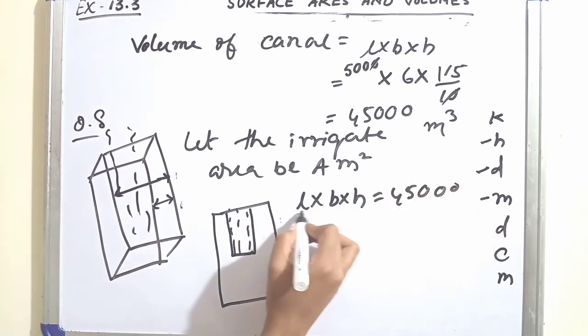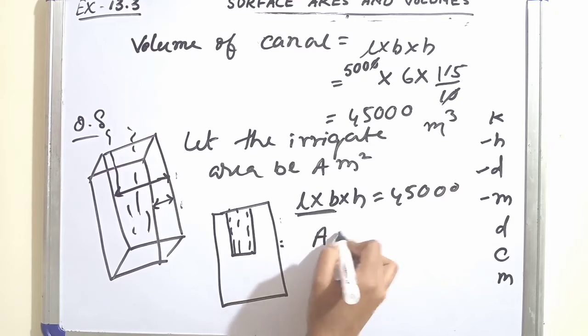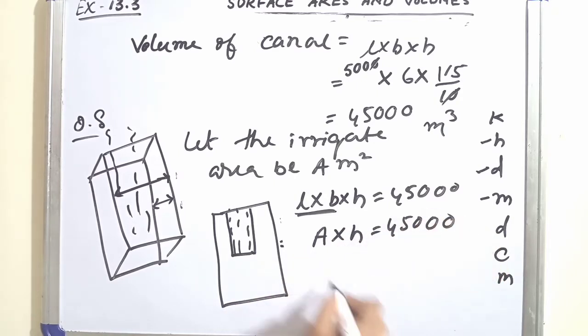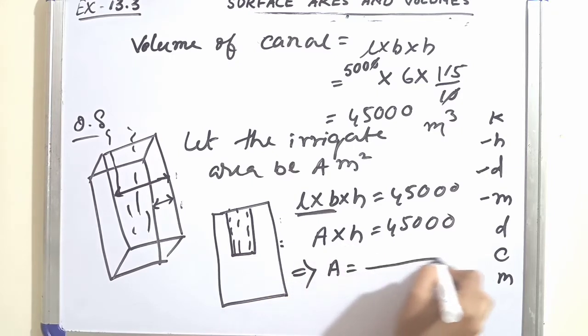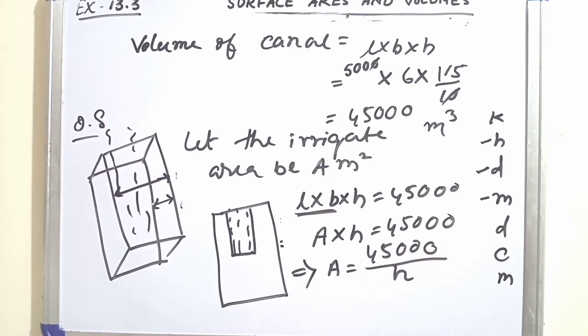So you have to find this area. Area means length into breadth. So A into H is equal to 45000. This implies A is equal to volume by H.